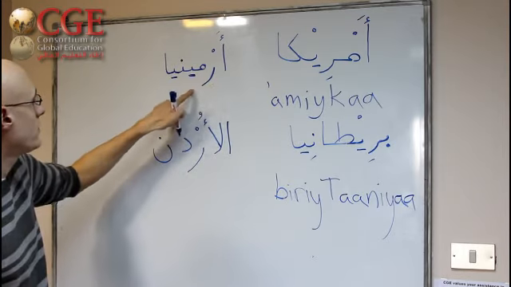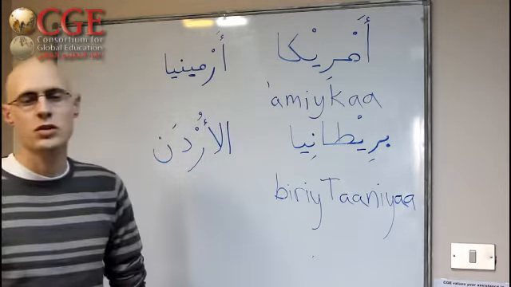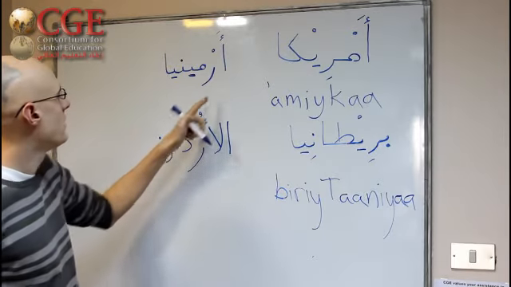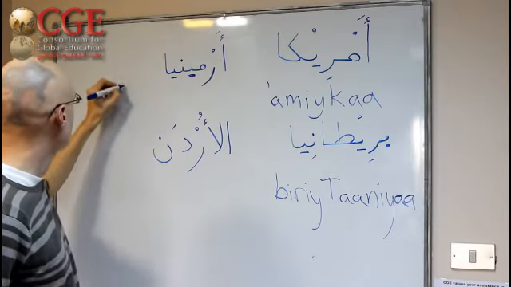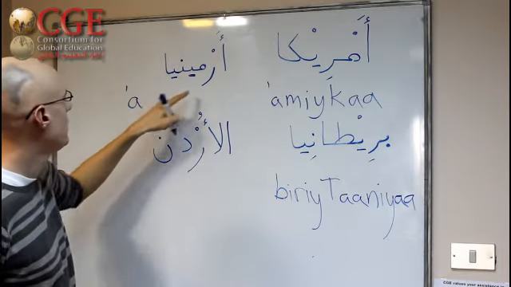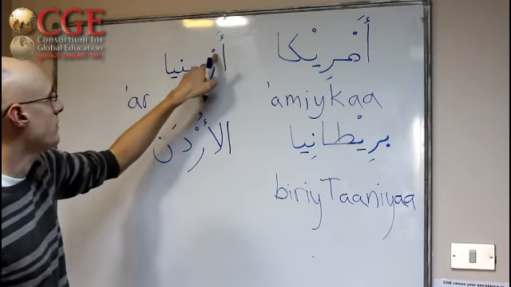Next we have this word. This is another state. I like to do geography because these are words that we know in English. This is another country of the world. So we got that A. Start off with that glottal stop. A. And then an R with no vowel after it.